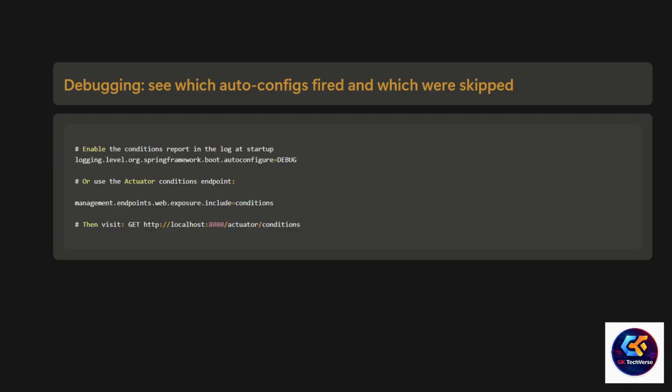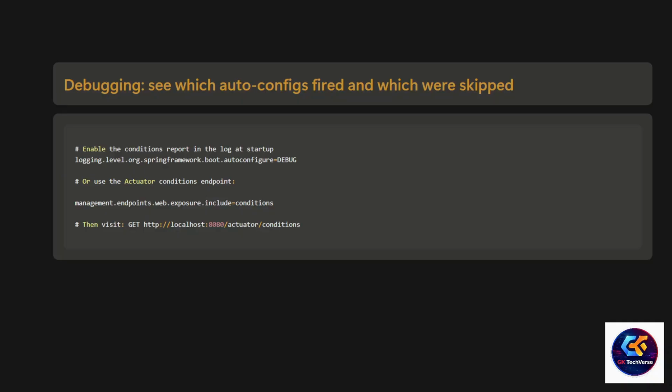For debugging, you have to enable these two properties in the property file to see which auto configs fired and which were skipped. When you start your application, this debug logging will show you the conditions evaluation report. You can also use the actuator.